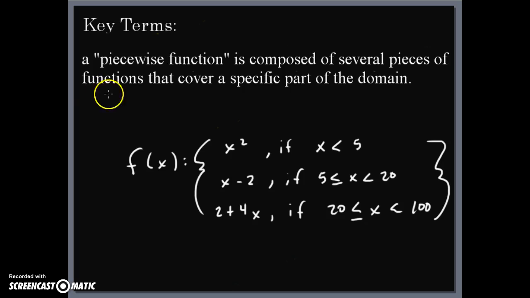So key terms today. A piecewise function is composed of several pieces of functions that cover a specific part of the domain. So here would be like the equation of a piecewise function, where this function has three pieces to it. It's got one piece right here, two pieces, three pieces. And these would be like the pieces or the smaller functions.